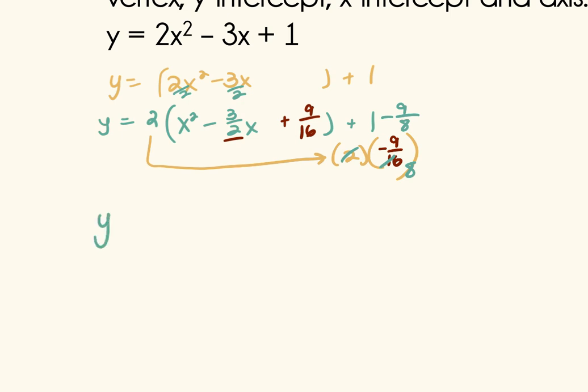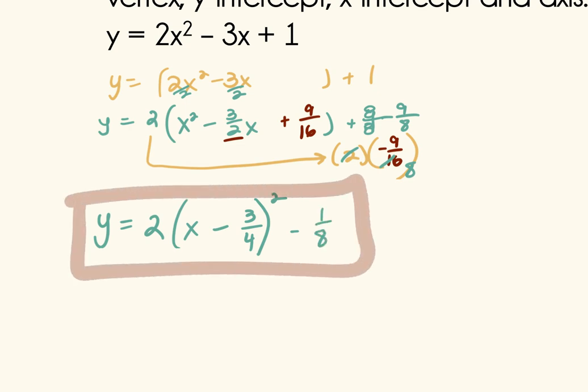And I get y equals, the 2 is still on the front, square root the x, square root the 9/16, take the sign from the middle, put it in parentheses and square it. And then plus 1 minus 9/8 becomes 8/8 minus 9/8 or -1/8. And there's your standard form.